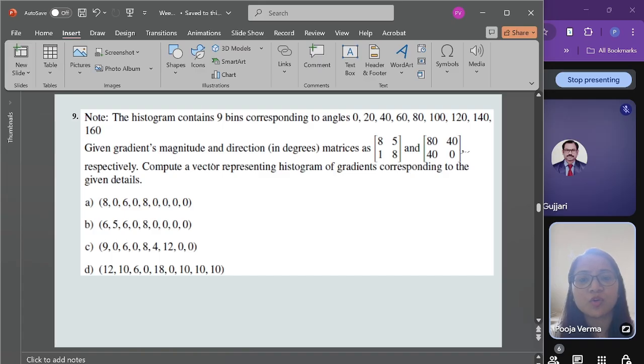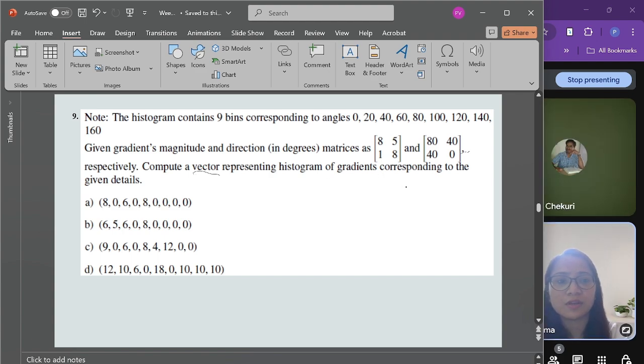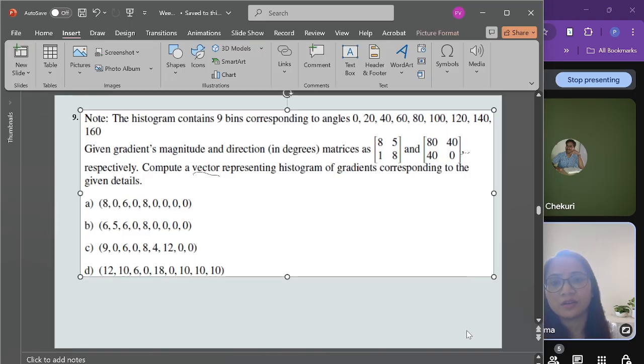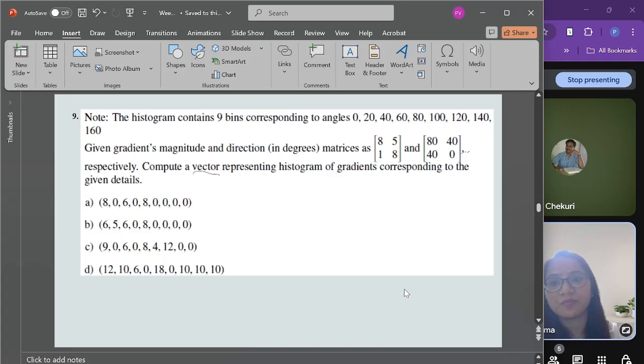So how can we solve this question? Here different angles are given for the histogram that contains the 9 bins, and their magnitude and direction matrices are also given.